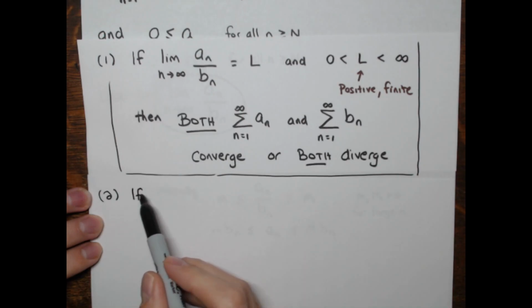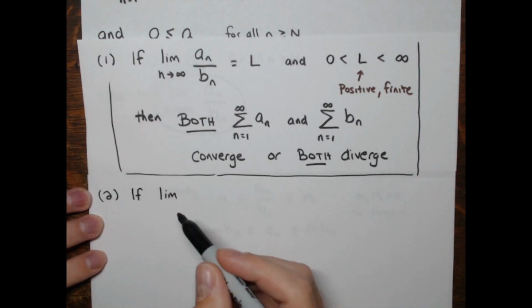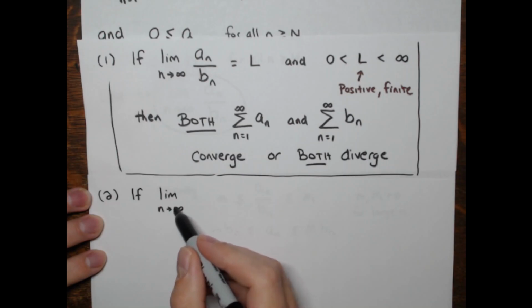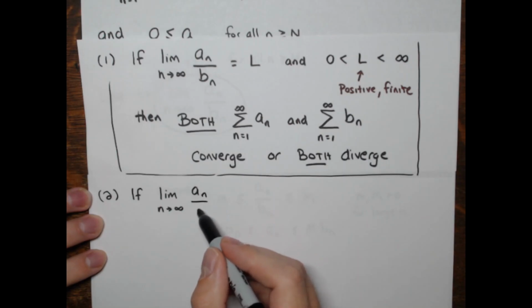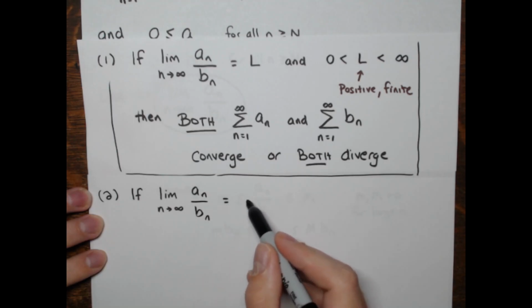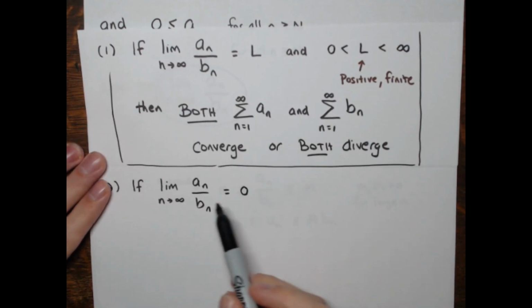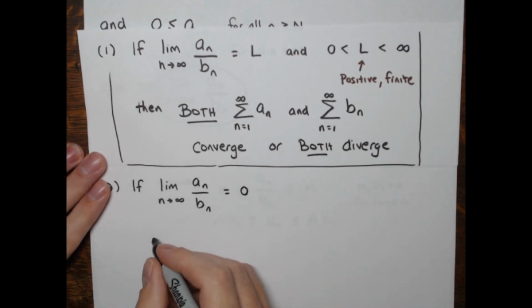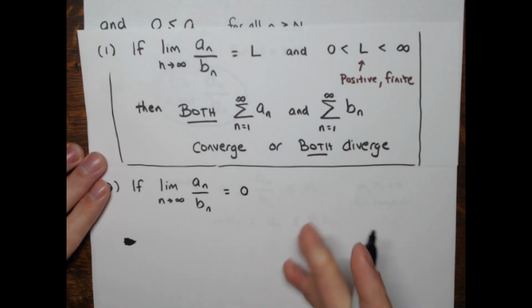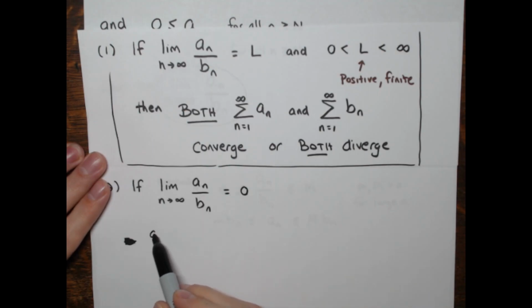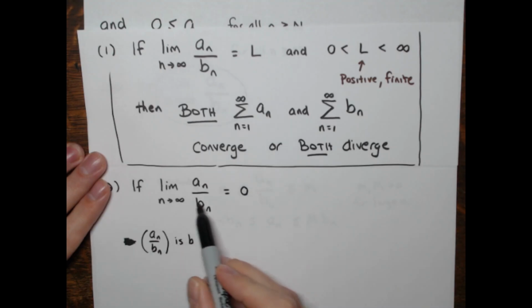Right, so if the limit as n goes to infinity of these ratios of a sub n to b sub n, if this limit's zero, well then we'd have a sub n over b sub n. That sequence would be bounded because it is convergent, right? Remember what it means to be bounded.